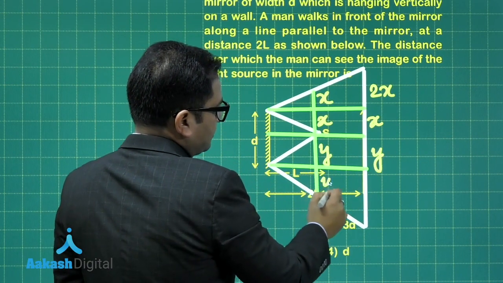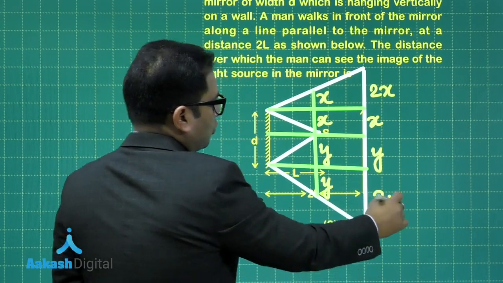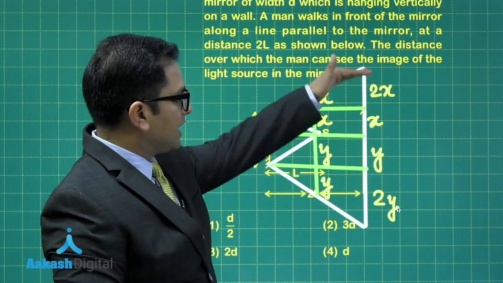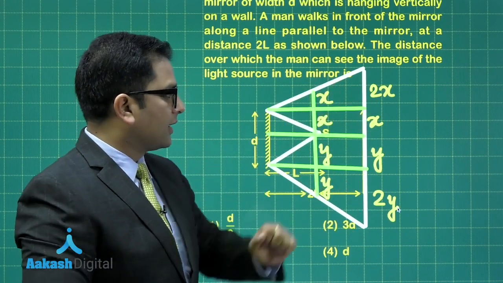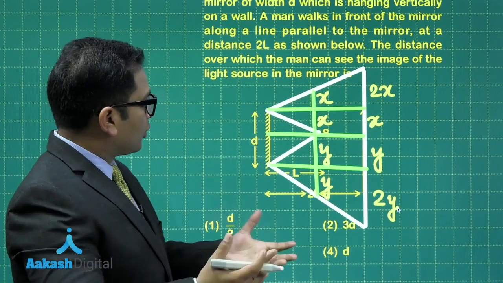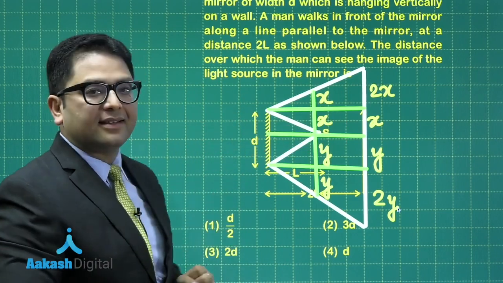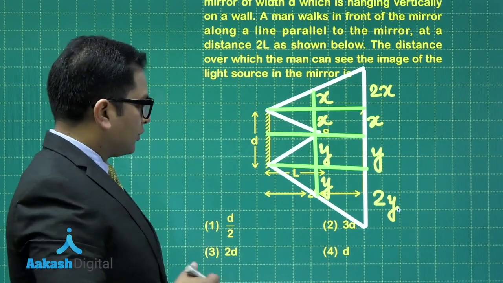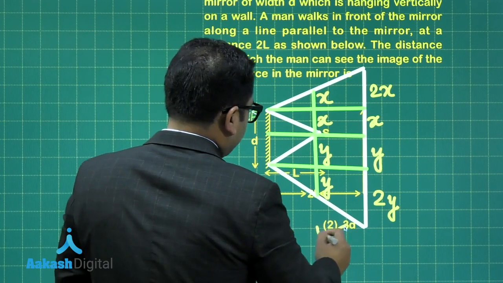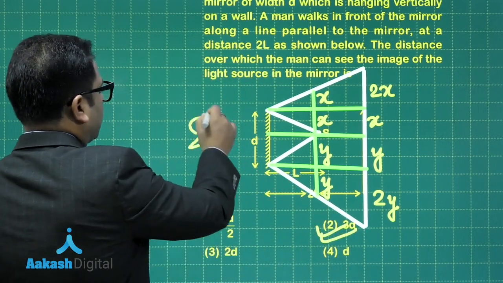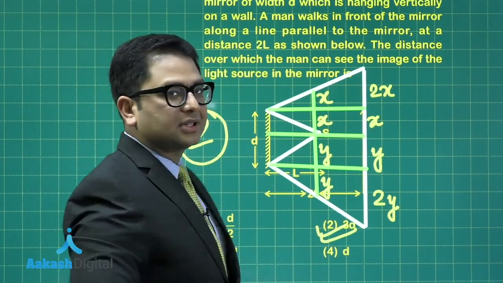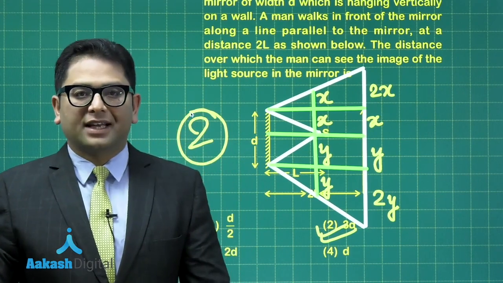And if this is y, this would be y. And subsequently, this will be 2y. So the coverage area is 3x plus 3y. And you can also see that x plus y is d, the length of the mirror. So therefore, the coverage area is 3d. Option number 2 comes out to be the correct option. Now, let's move to the next question.